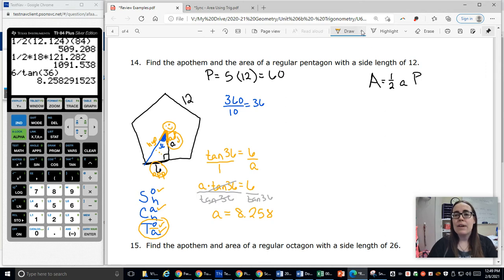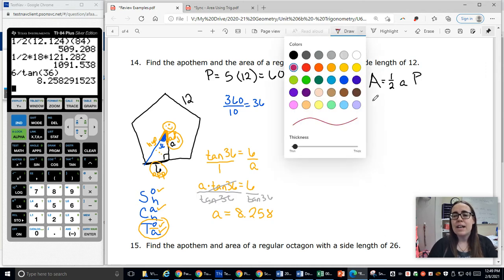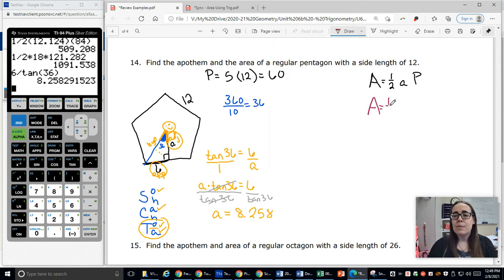Okay, so now I'm ready to come over here and find my area. My area is going to equal 1/2 the apothem, 8.258, times the perimeter, 60.